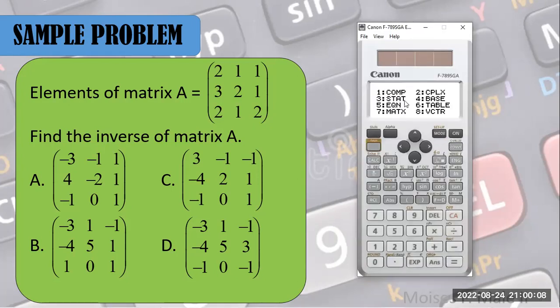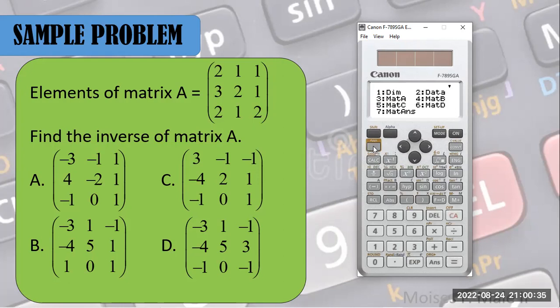Mode matrix. Tapos, put natin sa matrix A. So, 3 by 3 yan, diba? So, correct pa ba? You have 2. Okay, so input lahat. 2 equals 1, 1, 3, 2, 1, 2, 1, and 2.